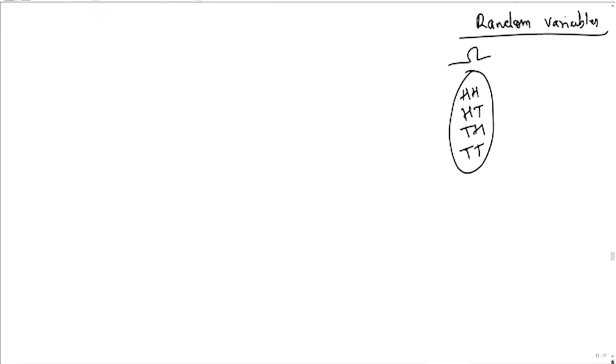So it's very difficult. The only way we can avoid this problem is that we transform this categorical space into a well-behaved numeric space, right? And that's where random variables come in. So a random variable is a function. Let's say this capital X. We denote random variables by these capital letters.